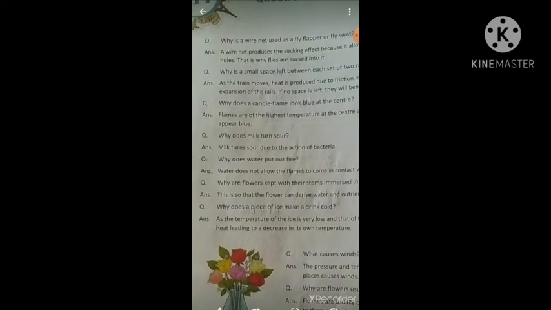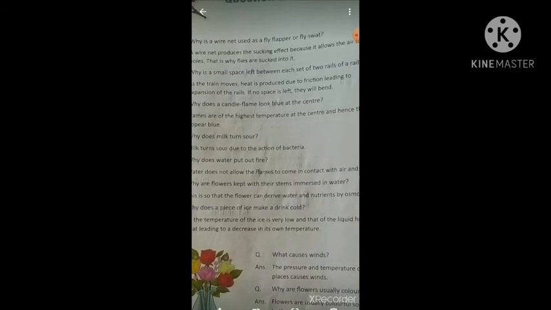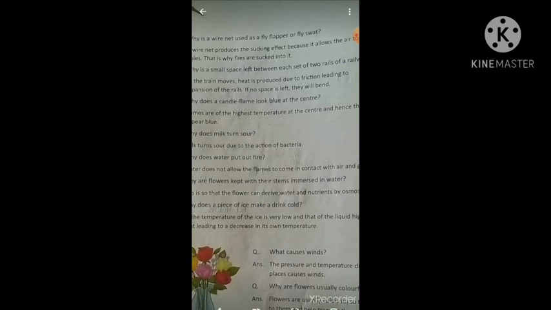It never allows the flames to come in contact with air and oxygen. If it gets oxygen, it would burn much more. So this water has the ability to put out the fire. Why? Water does not allow the flames to come in contact with air and get oxygen.